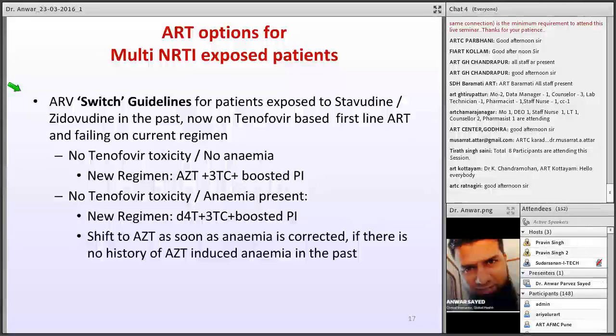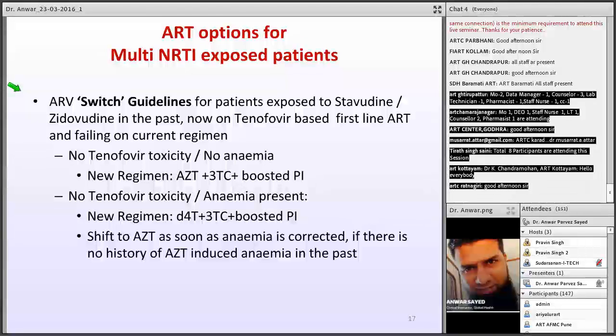So in case a person was exposed to stavudine or zidovudine in the past and is currently on a tenofovir based regimen and fails, and if there is no toxicity to tenofovir, then the new regimen will be zidovudine, lamivudine and boosted PI, that is atazanavir and ritonavir. And if hemoglobin is low, then obviously we will use stavudine in place of zidovudine.